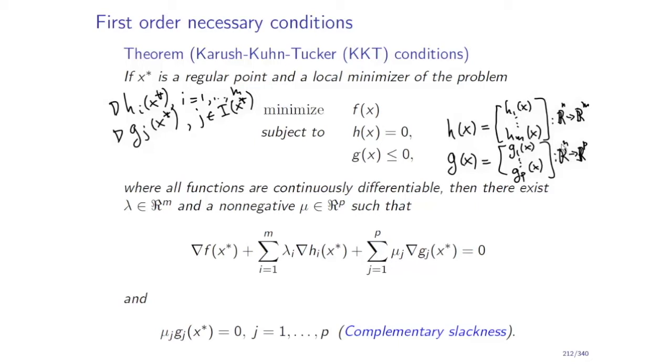And then the Karush-Kuhn-Tucker optimality conditions state that if x star is a regular point and a local minimizer for our problem, then there exist the multipliers lambda for the equality constraints, similar to the problem with equality constraints only, and then non-negative multipliers for the inequality constraints.